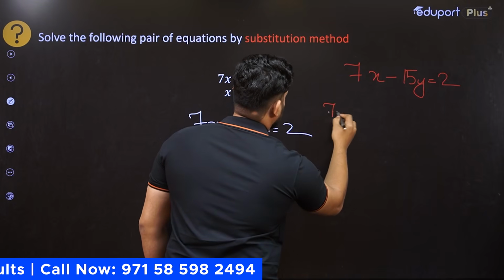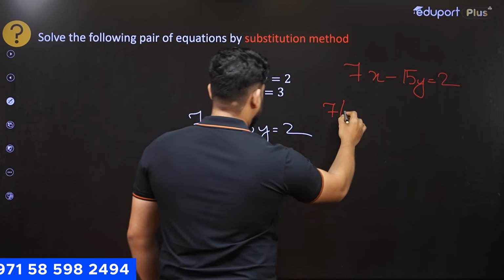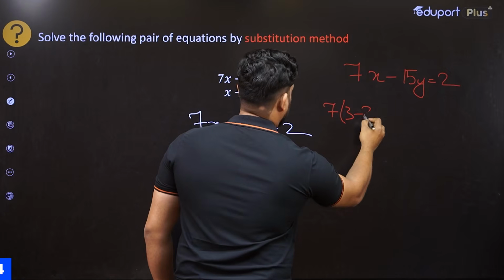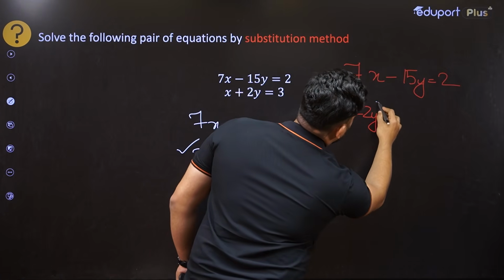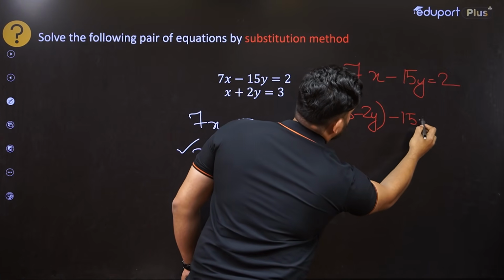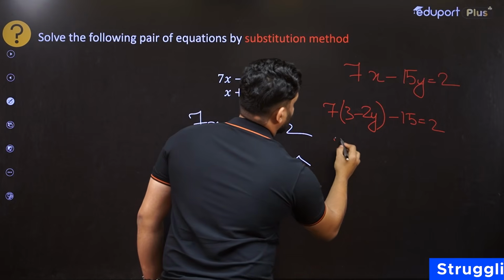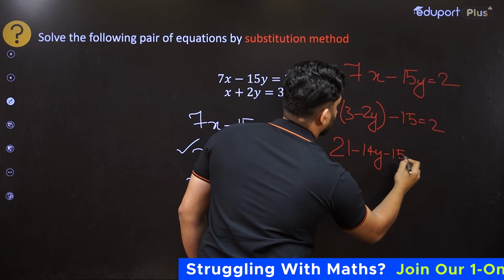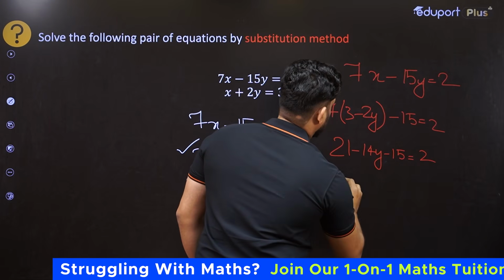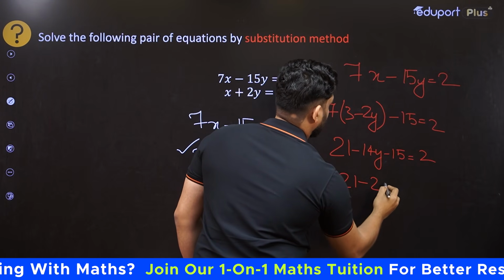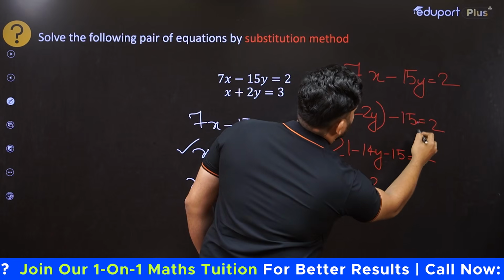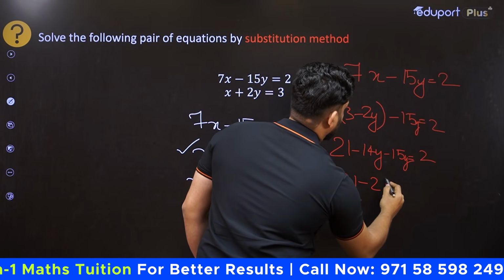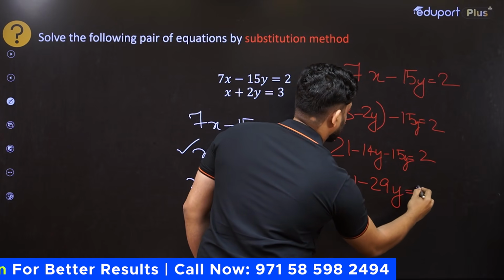So 7 into 3 minus 2y minus 15y is equal to 2, that is 21 minus 14y minus 15y is equal to 2, that is 21 minus 29y is equal to 2.